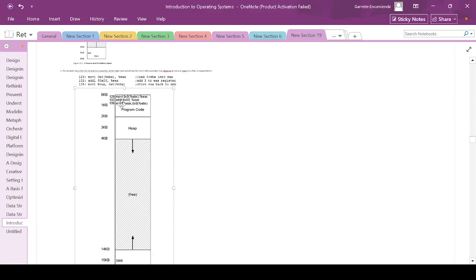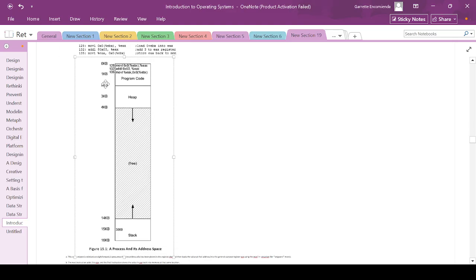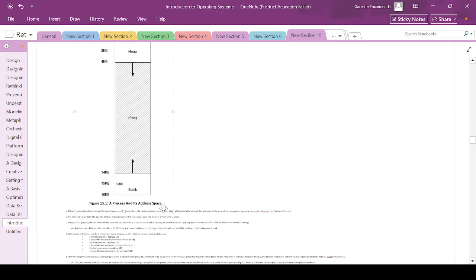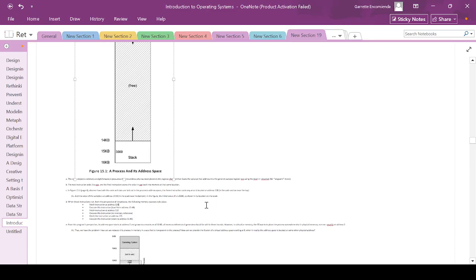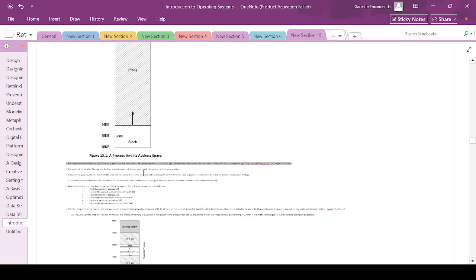128: movl 0x0(%ebx), %eax, etc. This code snippet is relatively straightforward.